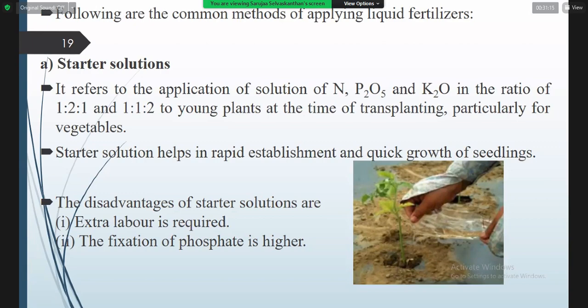Sasini? AG012? Yes, sir. In nutrition, nitrogen we call it N. Then why do we call phosphorus P2O5?